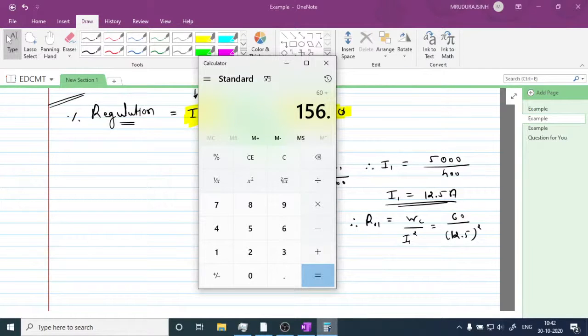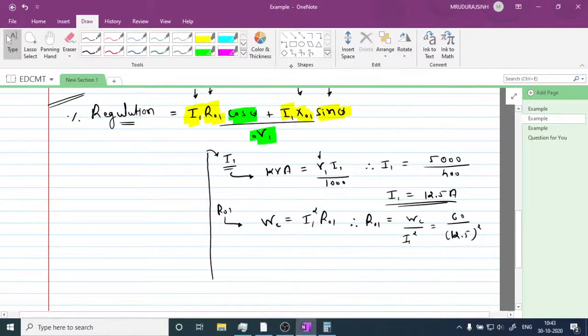156 point, what it was, I forgot. Just a minute, let me calculate it again. 12.5 into 12.5 gives us 156.25. Okay, 156.25. 60 divided by 156.25 gives us 0.384.